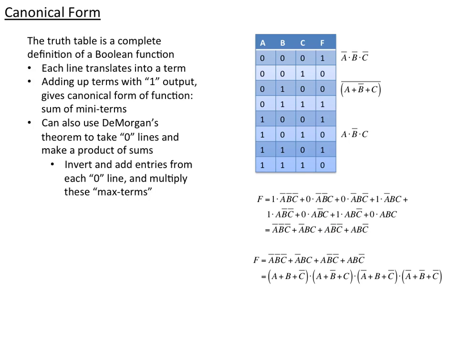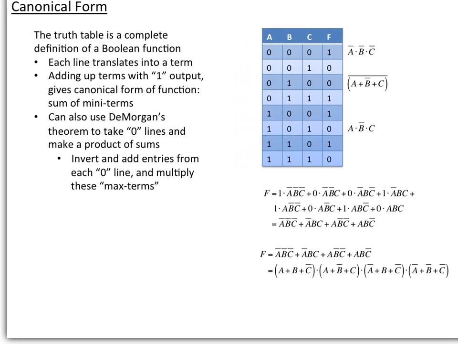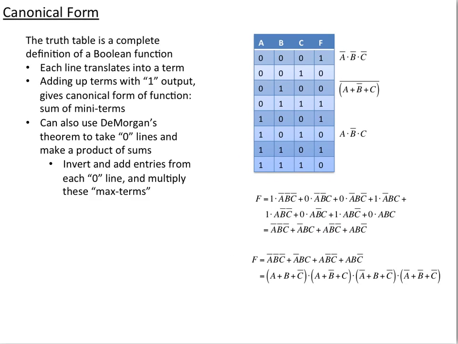Of course, instead of taking a sum of minterms the way we did before, we can change all the ANDs into ORs and take the NOT of everything, and so we get a different canonical form, in which we can represent a line like this, which has a 0 output.